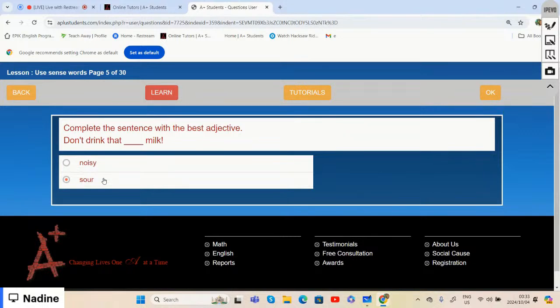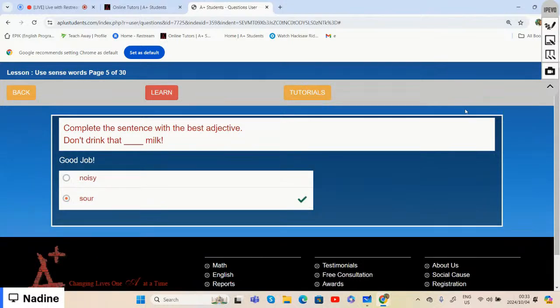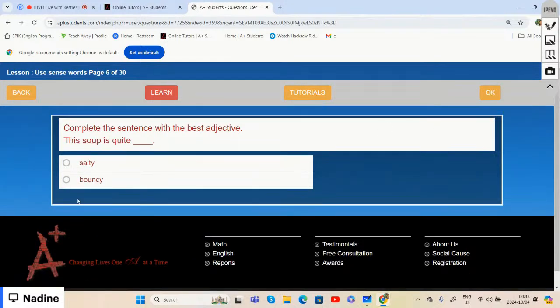So well done. Sour is correct. Milk cannot be noisy. So sour is correct. Let's do the last one.